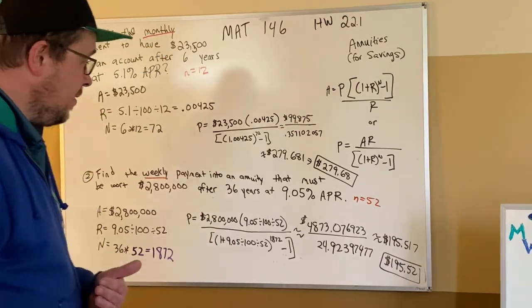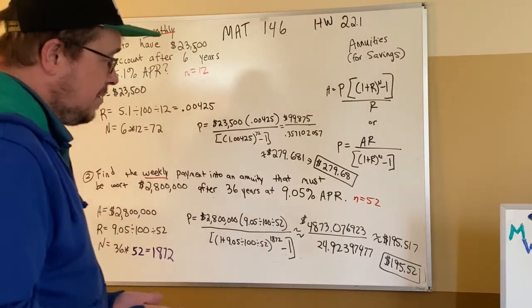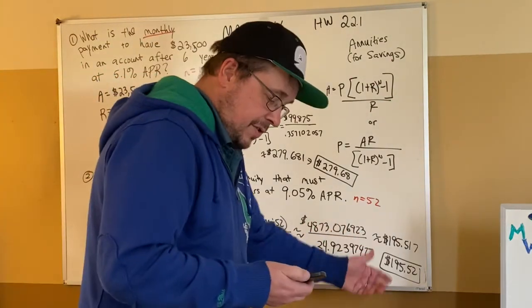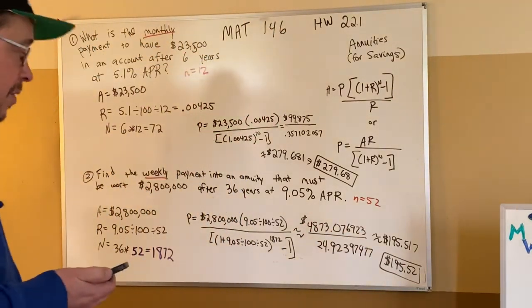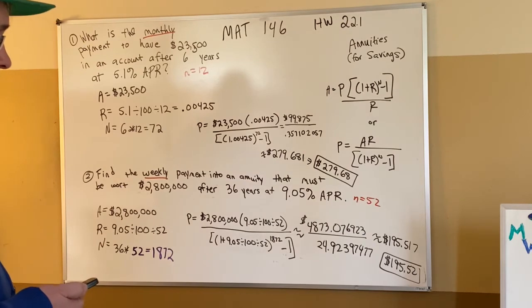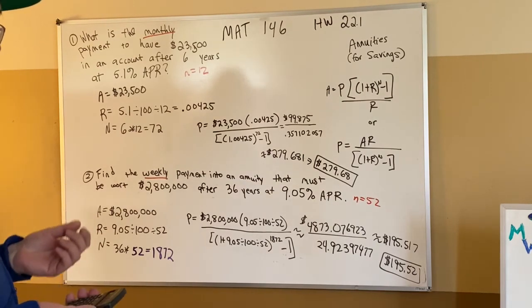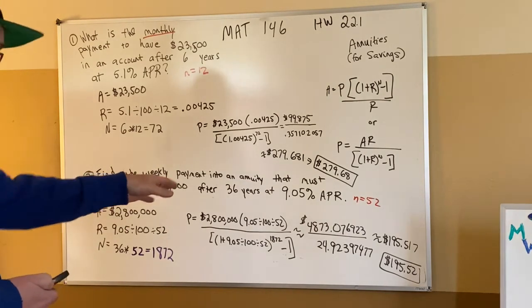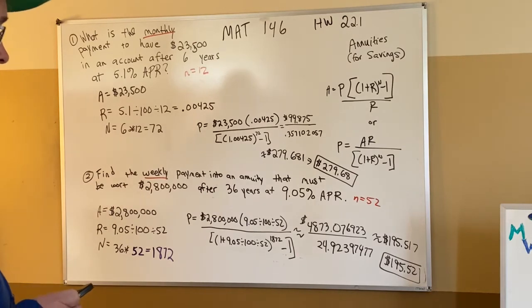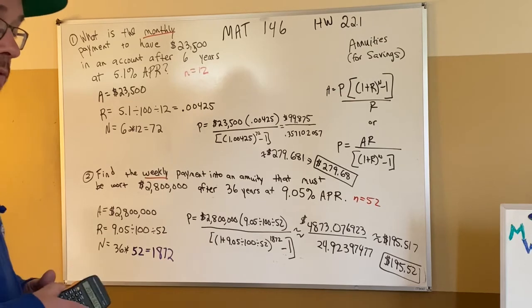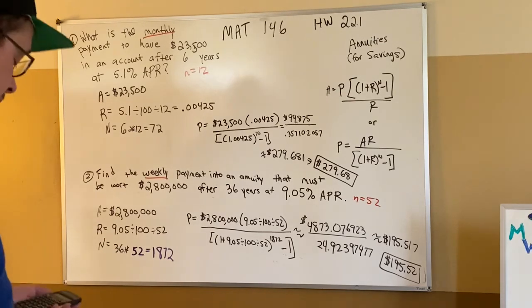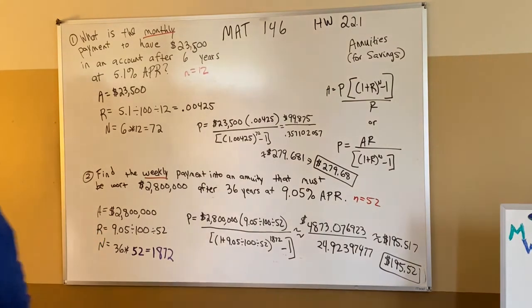So if you didn't take enough decimal digits into play, you might have yourself putting away $203.04 instead of $195. That's an extra $8 a month. So you're going to be putting away too much. You'll then surpass the 2.8 million and have more money, but by not going as far as you possibly can, you run the risk of rounding too much and getting something that's not accurate for what you're trying to get done.